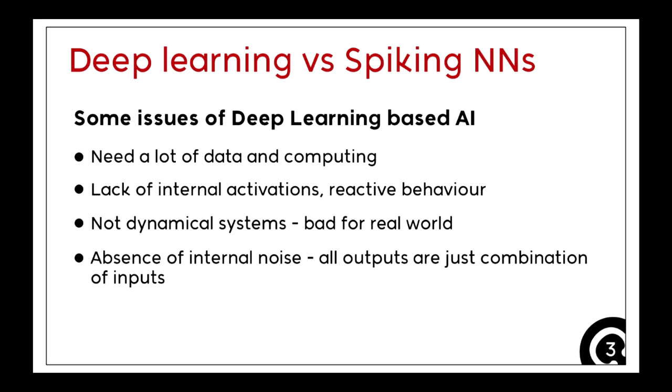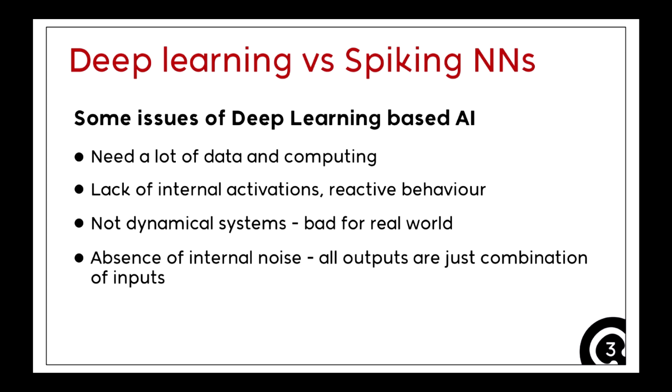So, as I said, spiking neural networks have some advantages, but deep learning itself has some issues in practical applications because it's quite hard to apply deep learning in real dynamical world setups. Deep learning needs pre-training with big data sets, and it's not essentially a dynamical system.